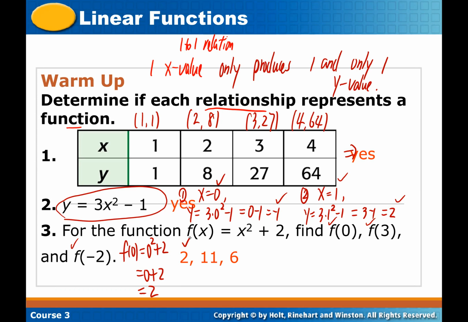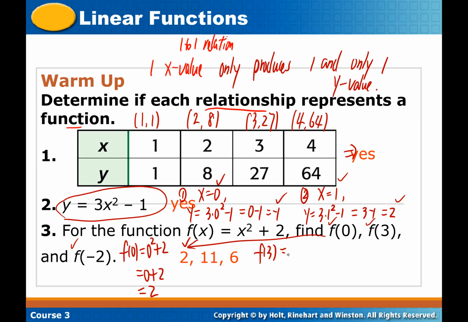So the correct answer is 2 for f of 0. Okay, f of 3. Go back to the function itself. Whenever you see x, it becomes 3. So it's 3 squared plus 2, which is 9 plus 2, 11. So the answer is 11.